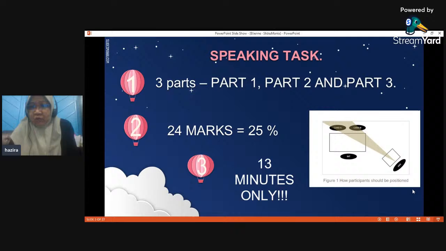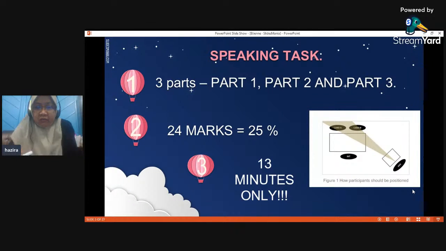As you can see from the small picture there, that is how you are going to sit while you are having your speaking test in your SPM. The teacher will sit right in front of you.